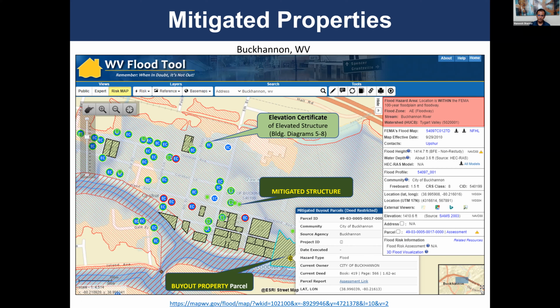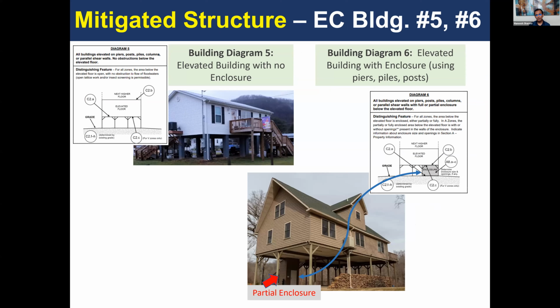Any elevation certificate gets hosted on the Flood Tool, but 5 to 8 are really important in assessing the building loss. If you look at any elevation certificate, at the end there are diagrams. Building diagrams 5 and 6 are the elevated ones, which are on piers, posts or piles or columns.